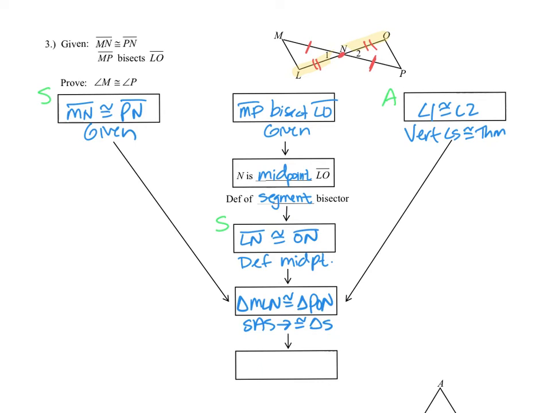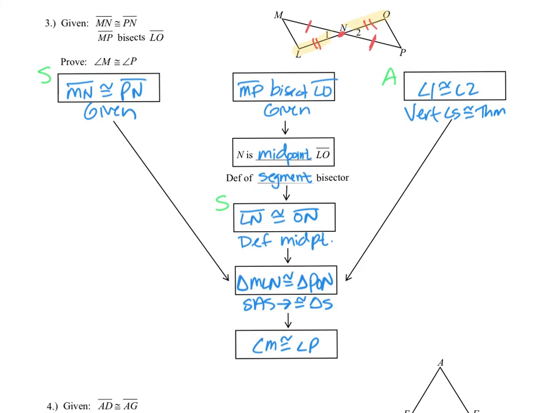So now I can say that angle M is congruent to angle P, and the reason for that is CPCTC, which stands for corresponding parts of congruent triangles are congruent. If you want, you can write definition of congruent triangles. That's exactly the same thing. All right, so there's flowchart proof number 3.